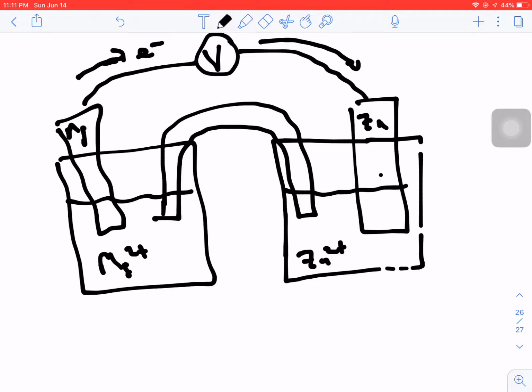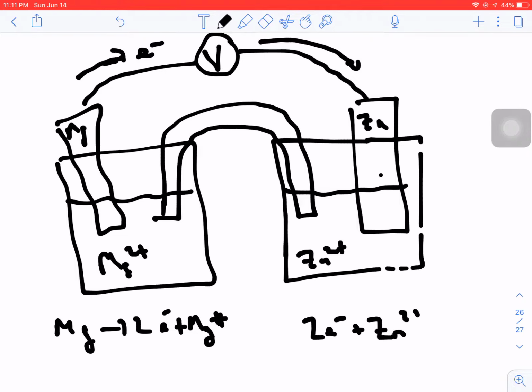So if electrons are leaving, that means the magnesium on this side is giving up its two electrons, and it's going to become magnesium 2+. And on the right side, the two electrons are coming in, and they're going to join the zinc ions to make zinc.